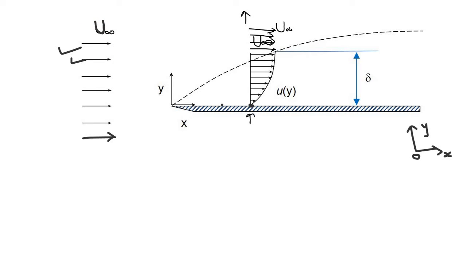Now let us suppose you are considering a different section of the surface. Let us take a different colored pen. So I'm considering this section. At this section, what will happen? This layer will have zero velocity here, because it is in direct contact with the surface.